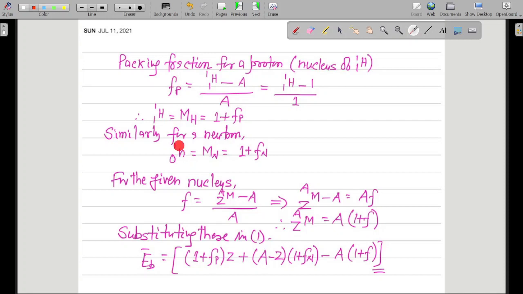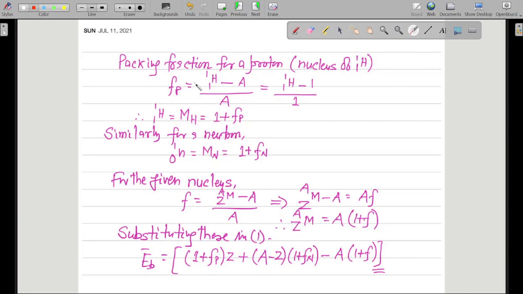Whether you write it like this or like this, it is the same. And the nucleus of hydrogen is the same as that of proton. What is the nucleus of hydrogen atom? It is the same as proton, because the nucleus of a hydrogen atom consists of a single proton and no neutron.